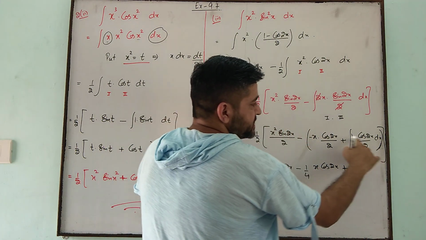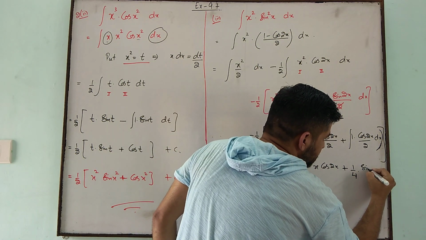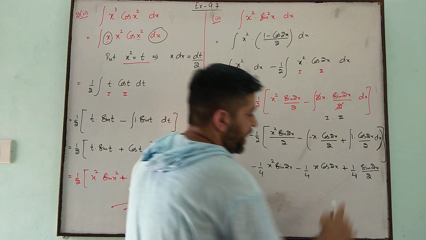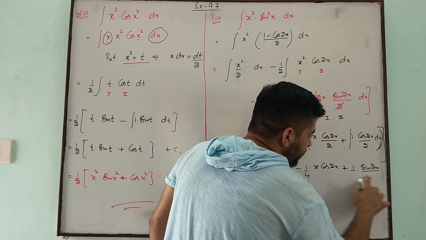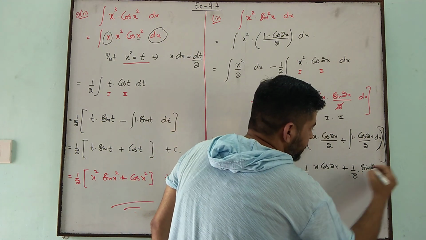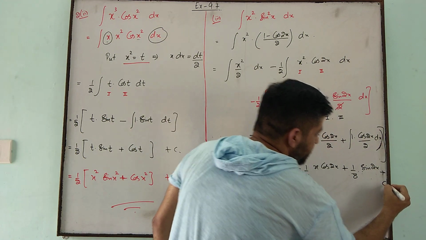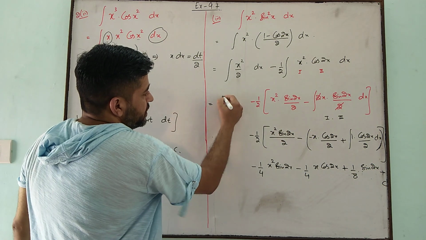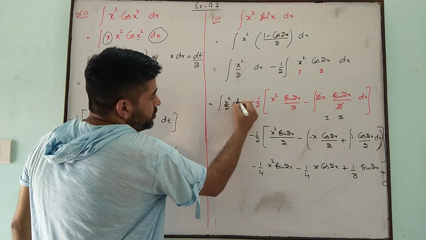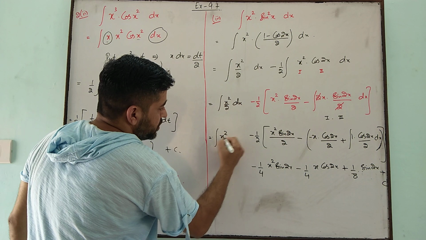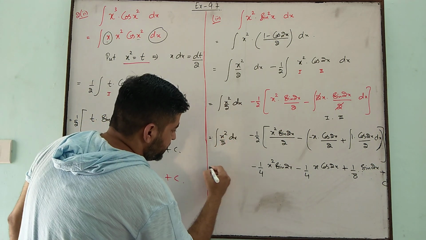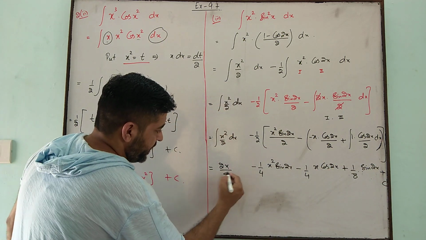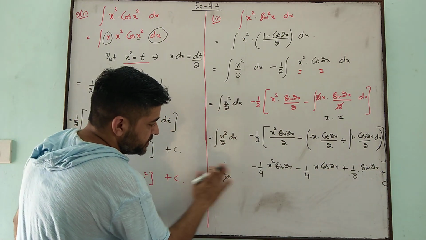and for cos 2x the integral is sin 2x upon 2, and this will be then 4 into 2, 8, plus c. And the integral of this, integration of x square upon 2 dx, x square upon 2 is x cube upon 6, plus c, constants combined we have taken, so we got the result.